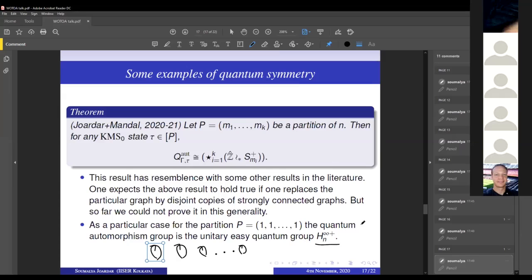So this is quite interesting because these easy quantum groups are somewhere in that tower, this is Sn and this is Un plus, the quantum unitary group. Not only that, its co-representation category is actually given by some bicolored partitions.